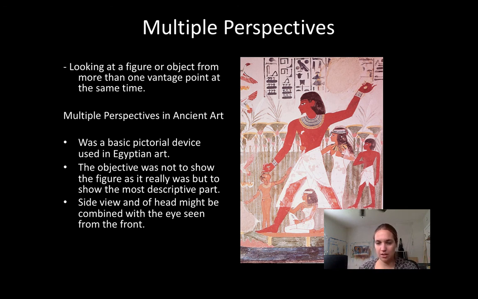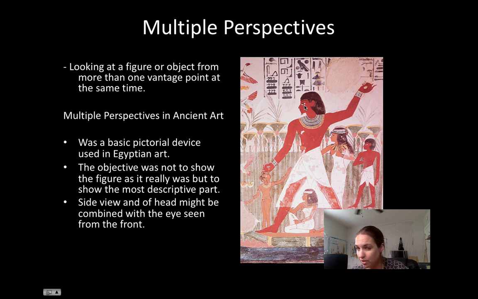So this is an Egyptian painting, and you can see that they use multiple perspectives in this way too, by the fact that they use the most recognizable shape of the human body. So the chest, we recognize the chest. It's facing forward.